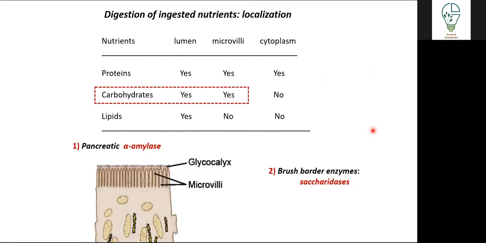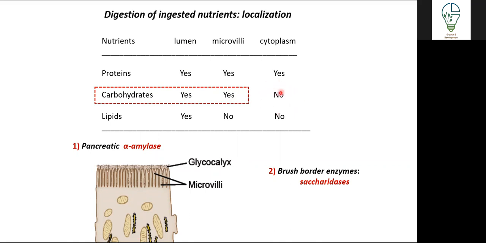Right, bismillah. So we will start by talking about the different nutrients, and we're starting with carbohydrates. The digestion of carbohydrates happens both in the lumen and on the brush border of the microvilli.